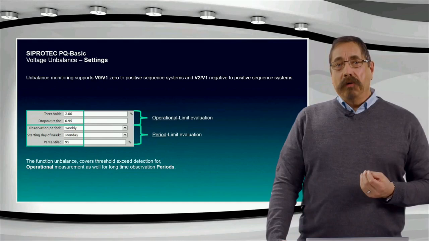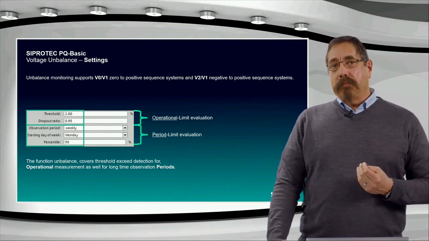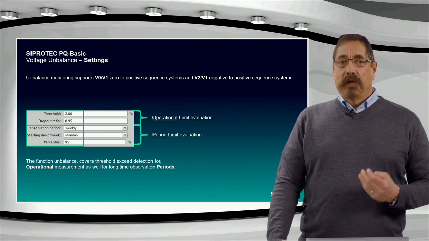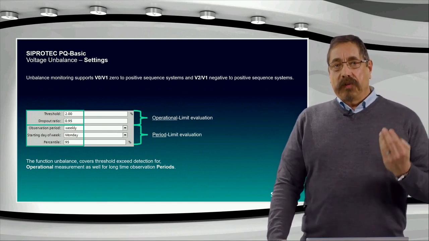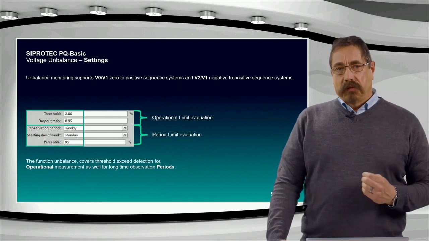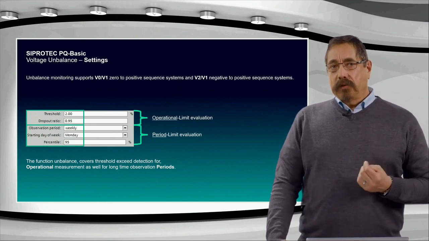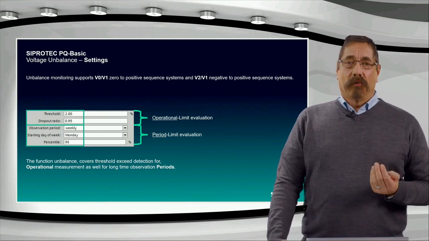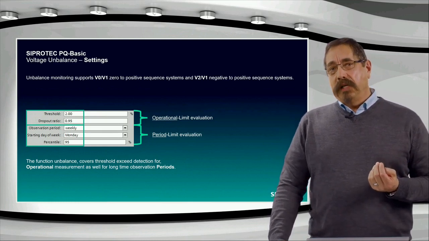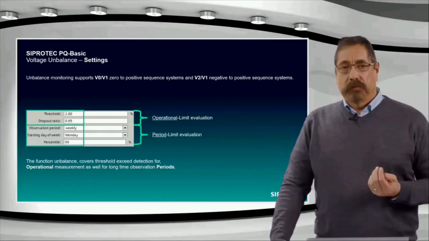The upper one fires a warning triggered by an operational value threshold violation. And the lower one gives a warning after a dedicated observation period is over. That could be 1 day or a complete week. We will take a closer look at those parameters some slides later.